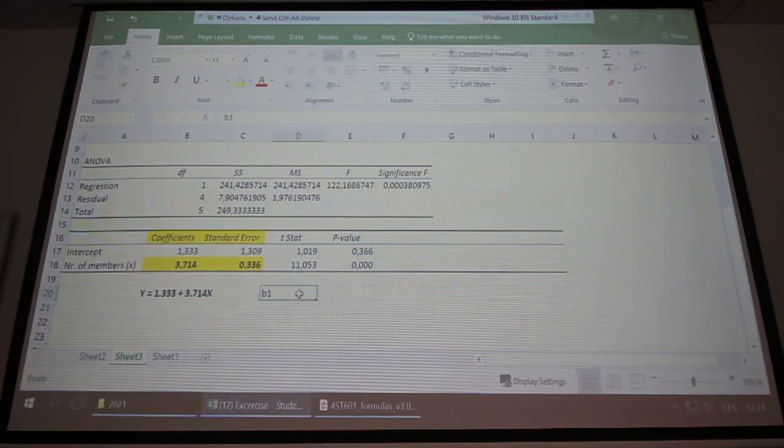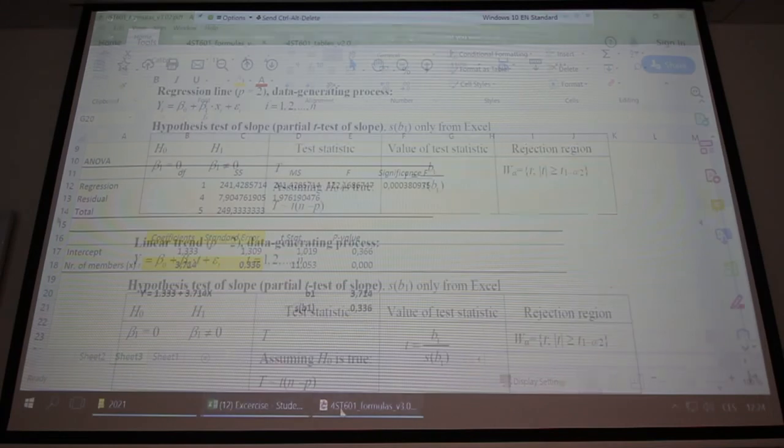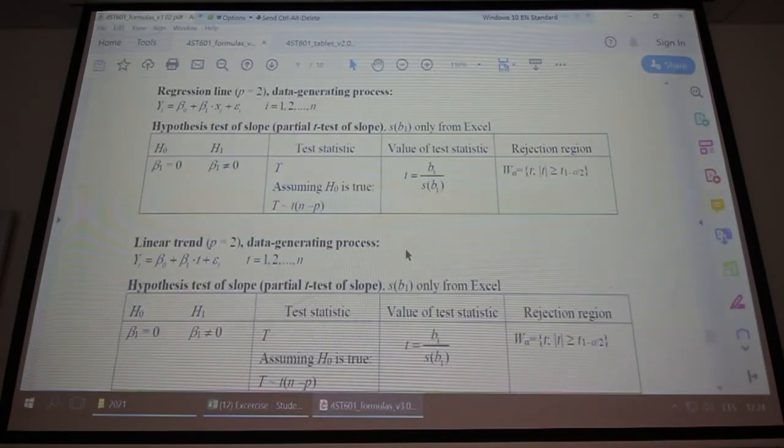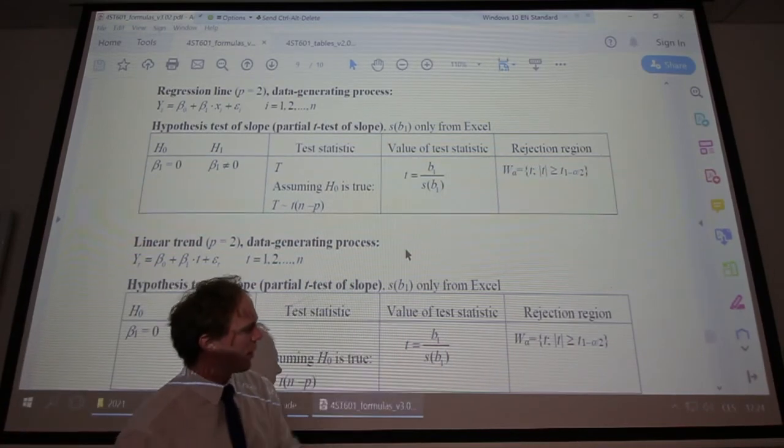B1 is equal to this value, and the standard error of B1 calculated from Excel is this value. So we have everything for the calculation of this ratio B1 and SB1.